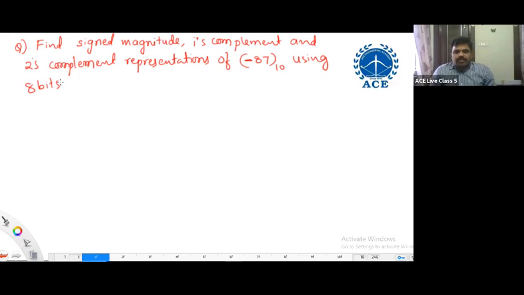What should we find? The representations of minus 87 decimal in signed magnitude, one's complement and two's complement.